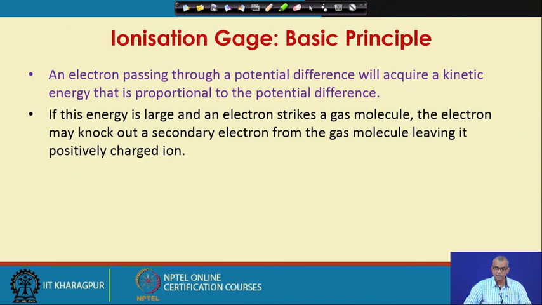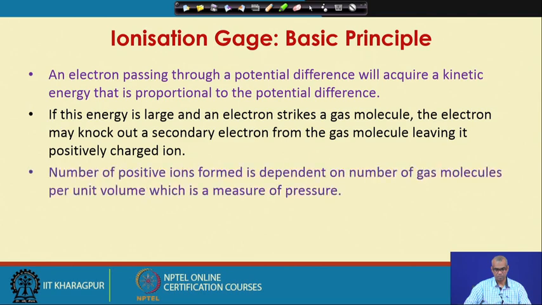If this energy is large, and an electron strikes a gas molecule, there is a possibility that the electron may knock out a secondary electron from the gas molecule, and in that case the gas molecule will be converted to a positively charged ion. The number of positive ions formed is dependent on the number of gas molecules per unit volume, and the number of gas molecules per unit volume is a measure of pressure.